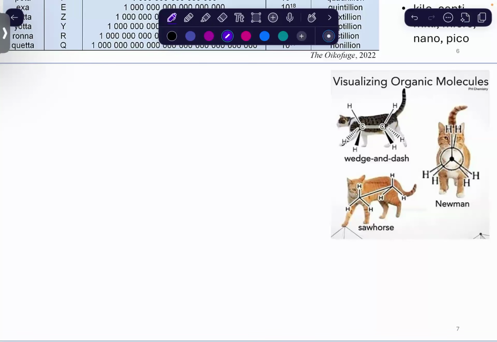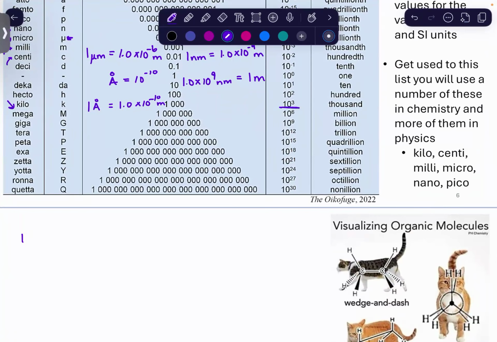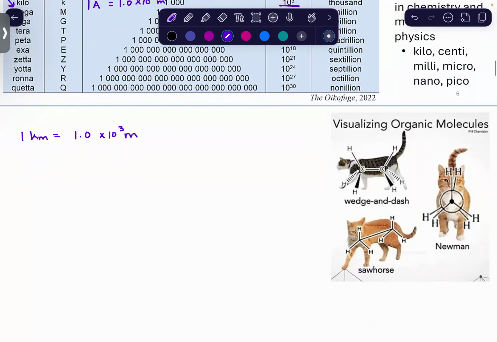Now I did get a little overzealous. Some of the stuff I wrote up above, I had intended to write here in the blank space, but whatever. Another thing I want you to pay attention to is the kilometer. If you go back up here, your kilo is 10 to the third. So 1 kilometer, you can write that as 10 to the third meters.